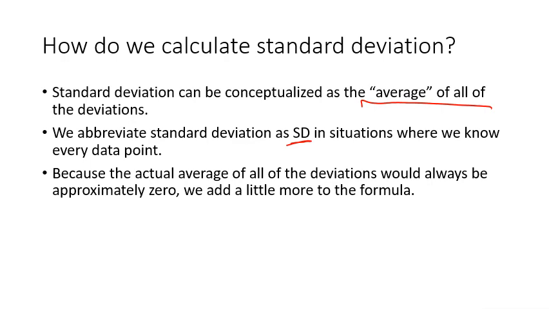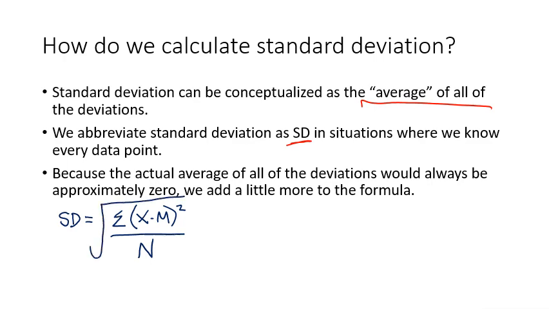So I'll give you the whole formula and then we'll break it out. So the entire formula is SD equals the sum of all the deviations squared divided by n, and we take the square root of all that.